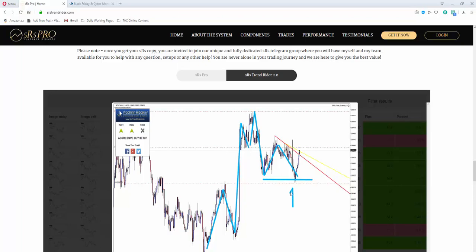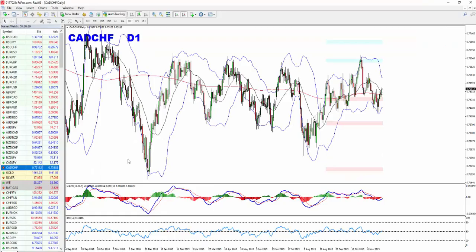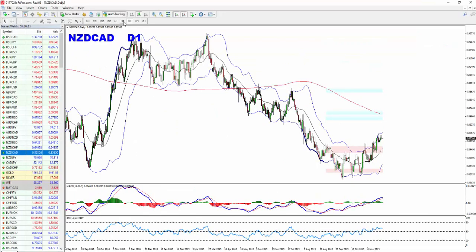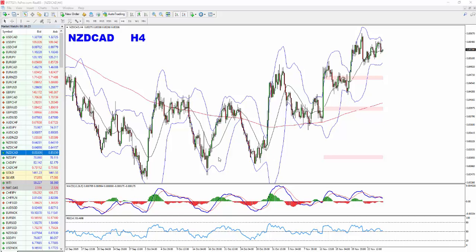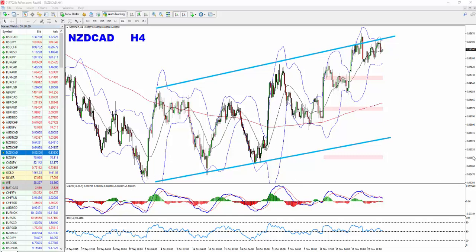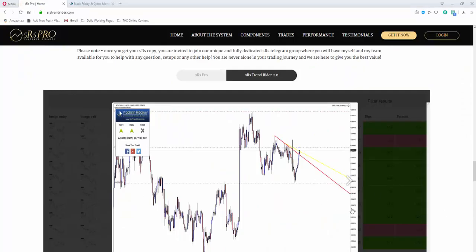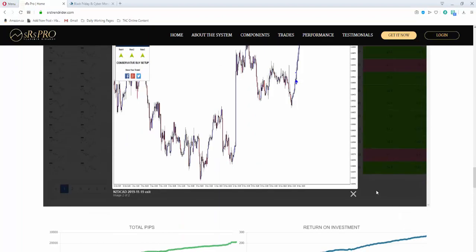False breakout on the bottom with the hold of this supportive zone, and mainly the higher time frames have a clear trending structure for us. So without any doubt, an easy decision for the buy, and this trade also delivered straightforward.